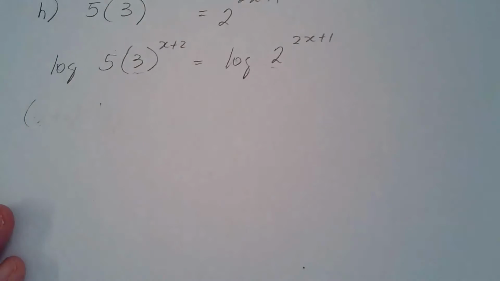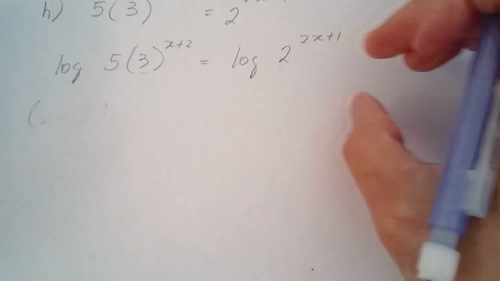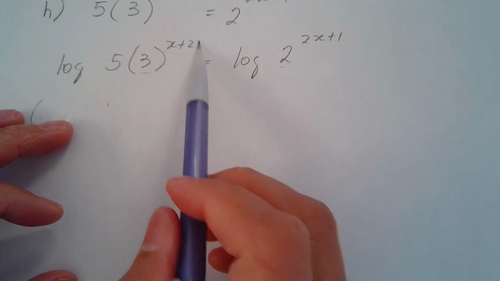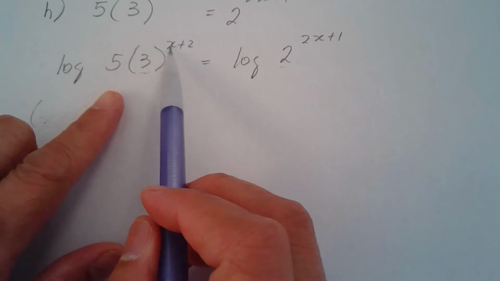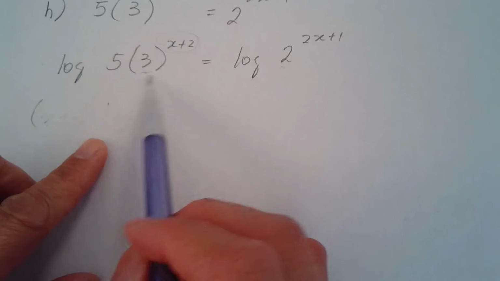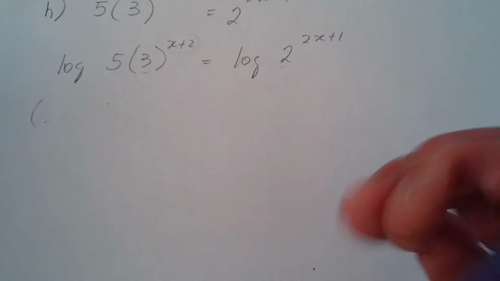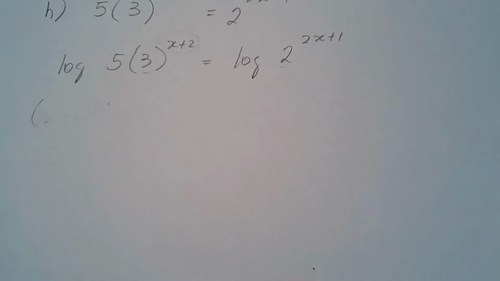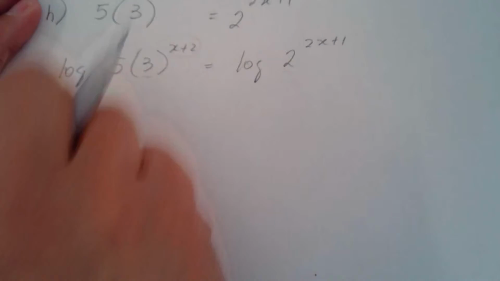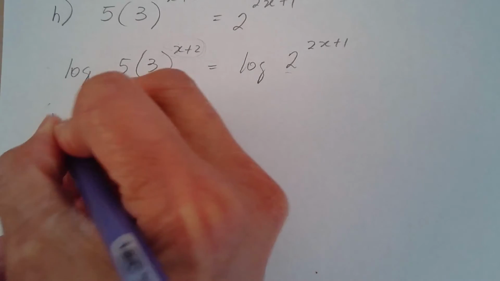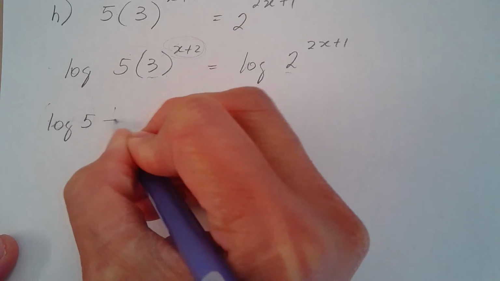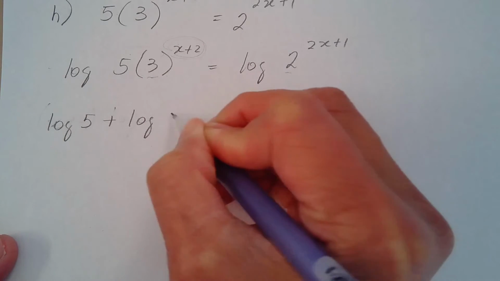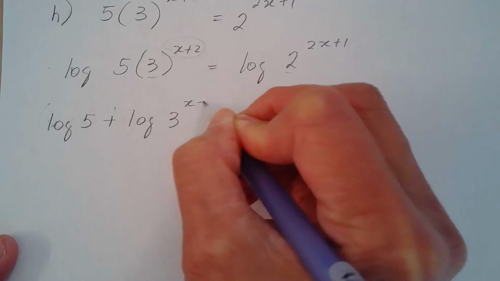Before I do that, I have to unravel this, because if I put this x plus 2 at the very beginning, it seems like this exponent applies to everything there, right? So what we're gonna do is split them up into this form. So it becomes log of 5 plus log of 3 to the exponent x plus 2.